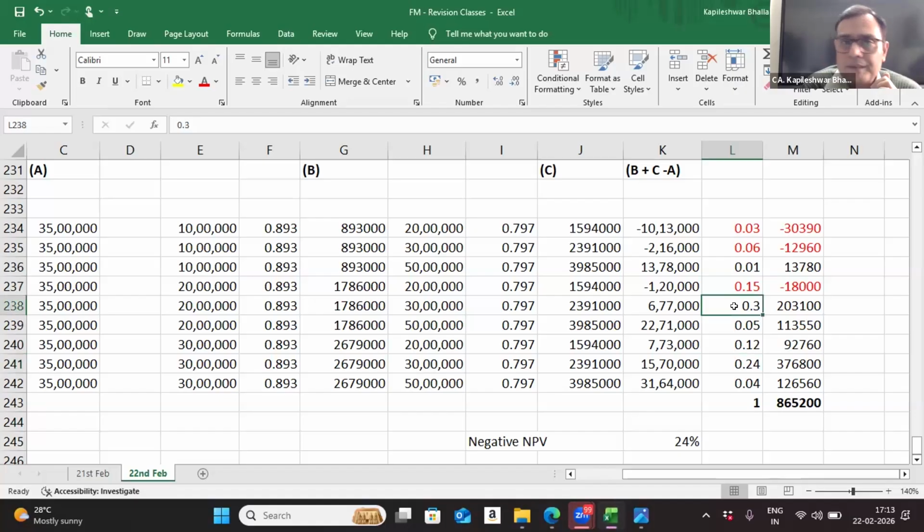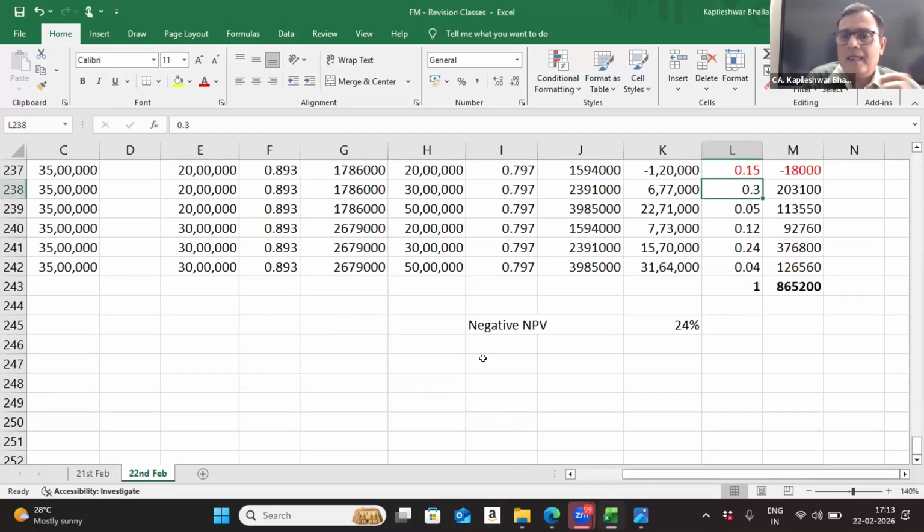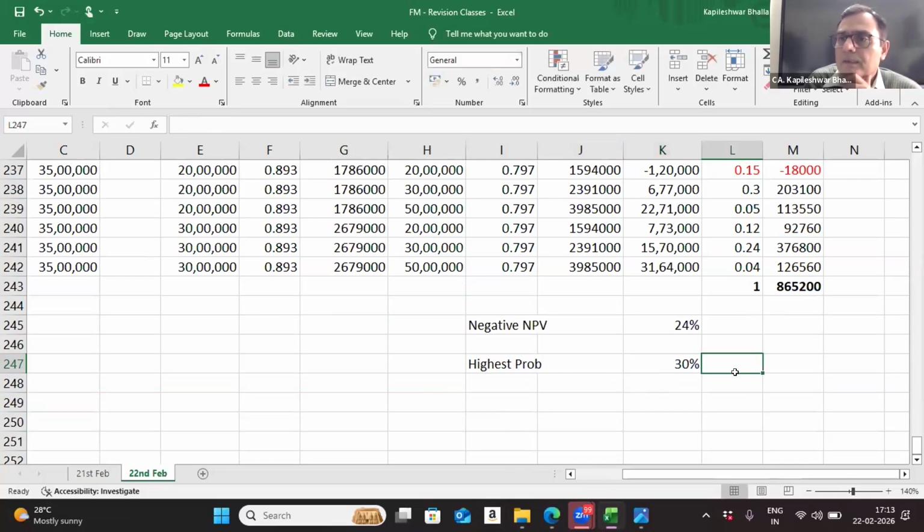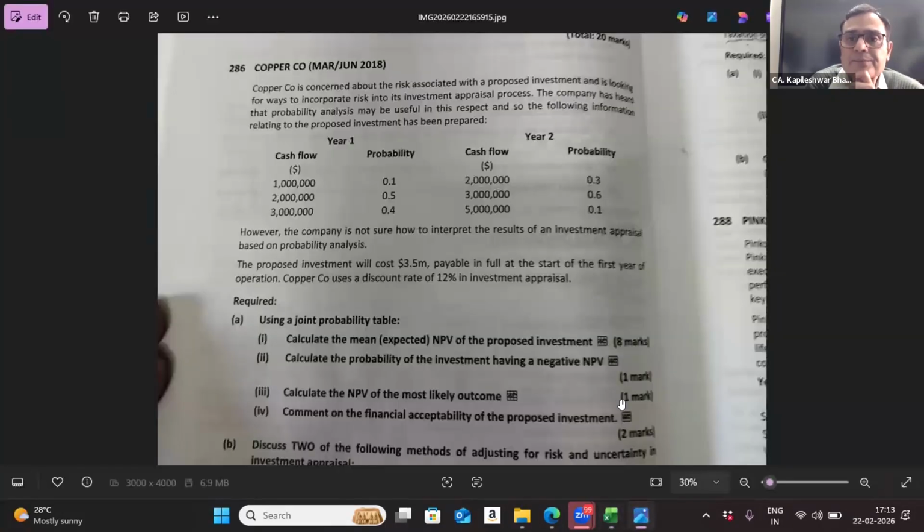Oh no, this is 30%, right? Yes, 30% is the highest probability, correct. So the highest probability in this case is 30%, and the NPV at 30% comes to 2,03,100. That is the NPV. So I think that answers the next requirement as well.